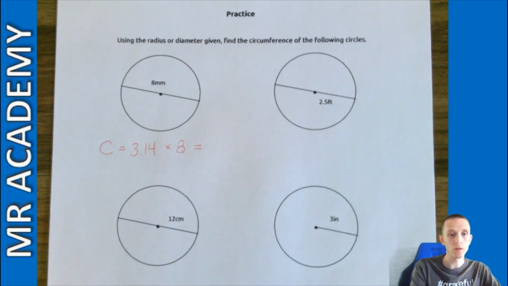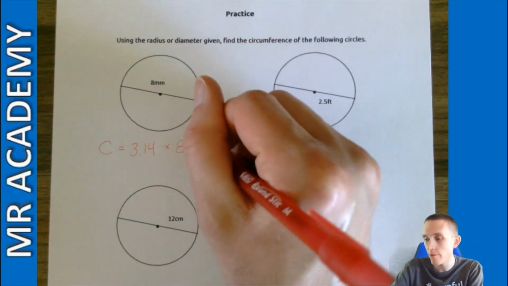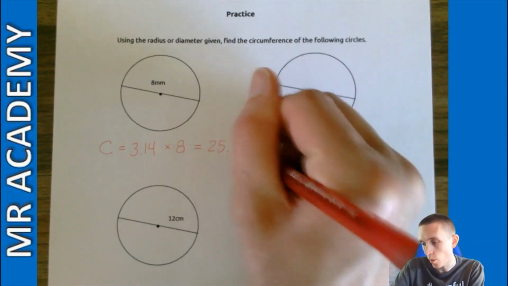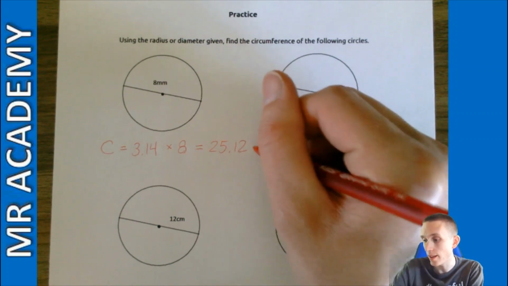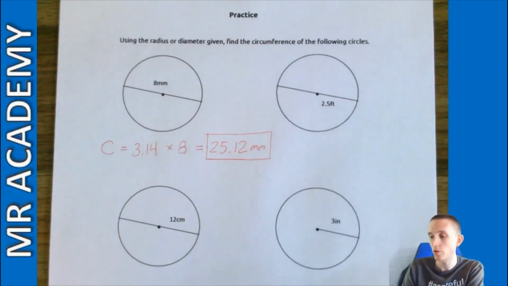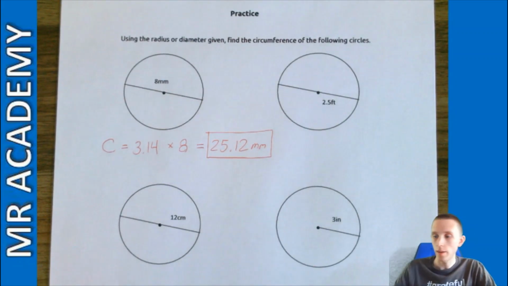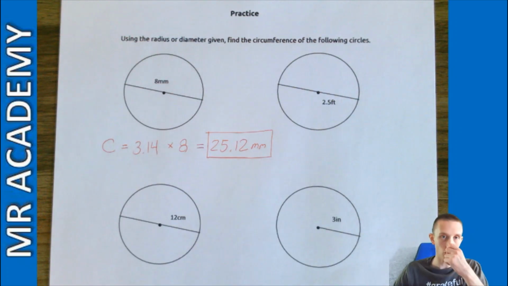I'm going to clear it, and we're going to say 3.14 times 8. We're left with 25.12, and then once again, I got to remember our label. And we're left with 25.12 millimeters. That is our circumference for that circle right there.